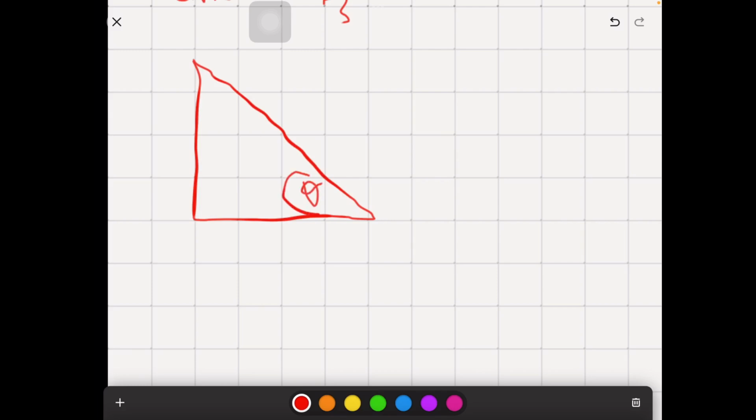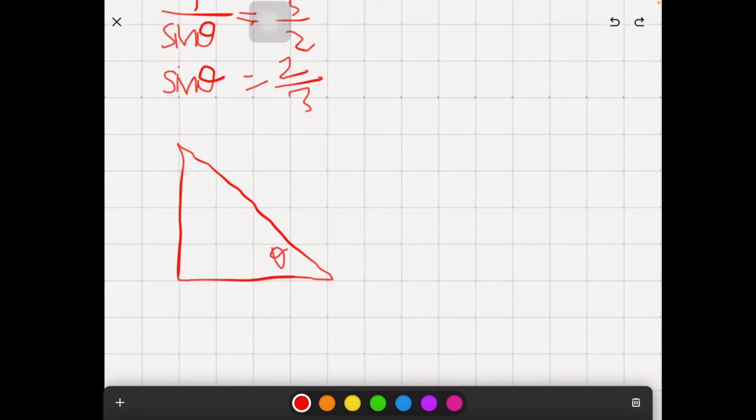If this angle here is theta, and sine is 2 over 3, then how do you label this triangle? Well, you remember from trigonometry that sine theta is equal to opposite over hypotenuse. So this is equal to 2 over 3.